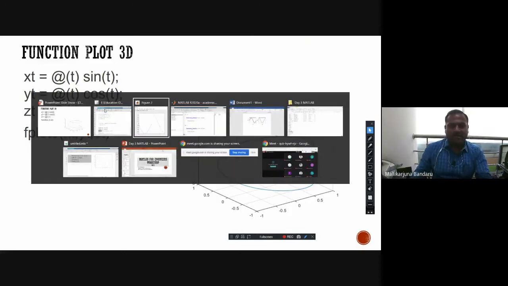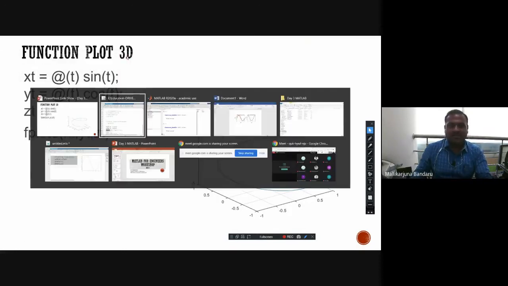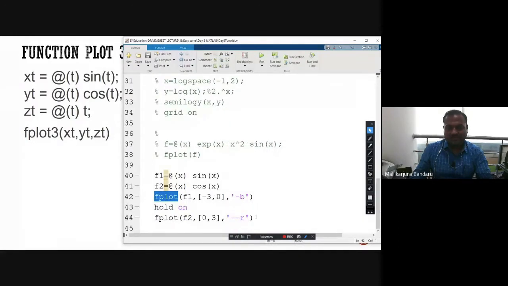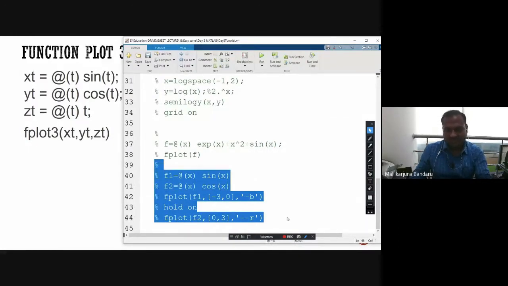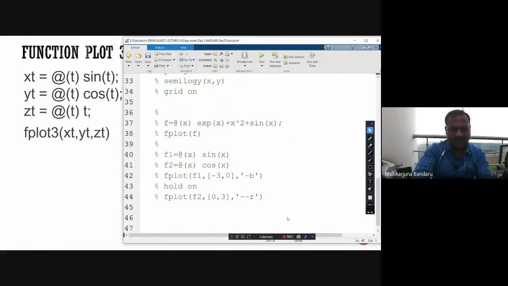So this is the parametric representation, and for this, let us move to the editor. x is equal to, at the rate of the parameter t, suppose sine.